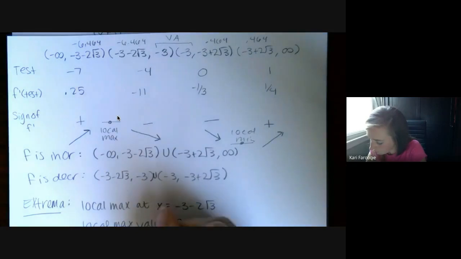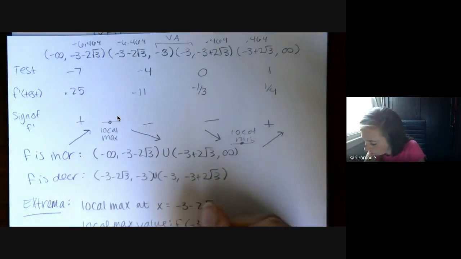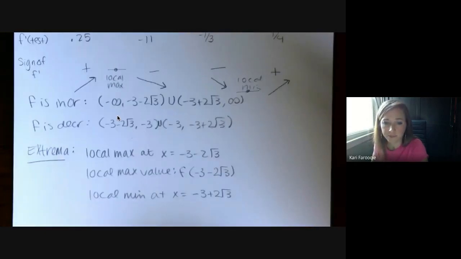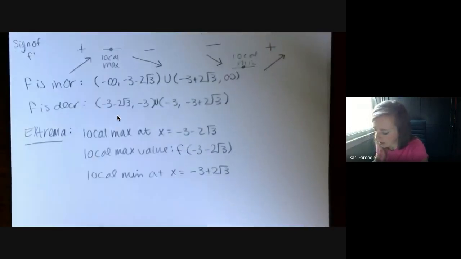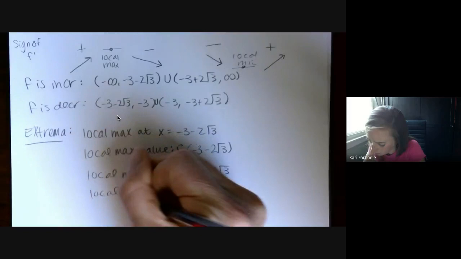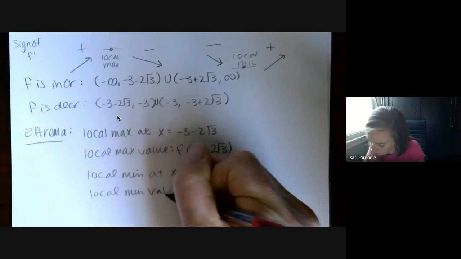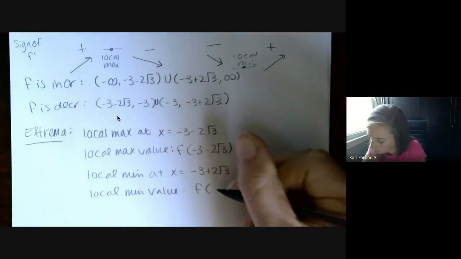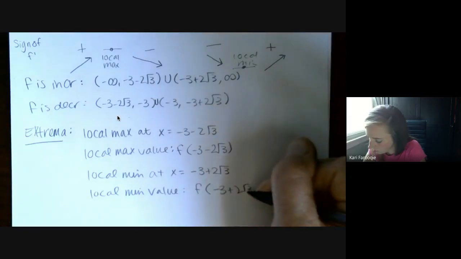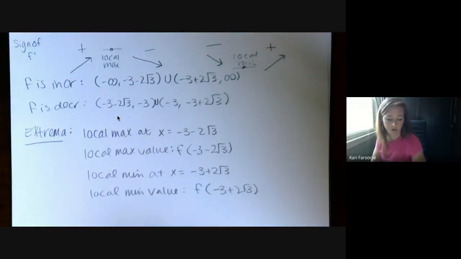So you would say you have a local min at x equals -3 plus twice the square root of 3. And then your local min value would be your function value at -3 plus twice the square root of 3. To find the function value, just pop it into your original function f.